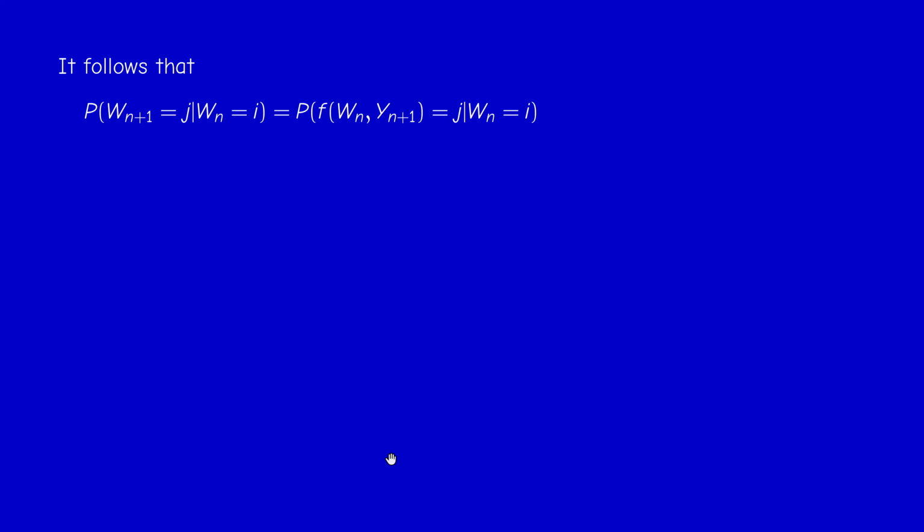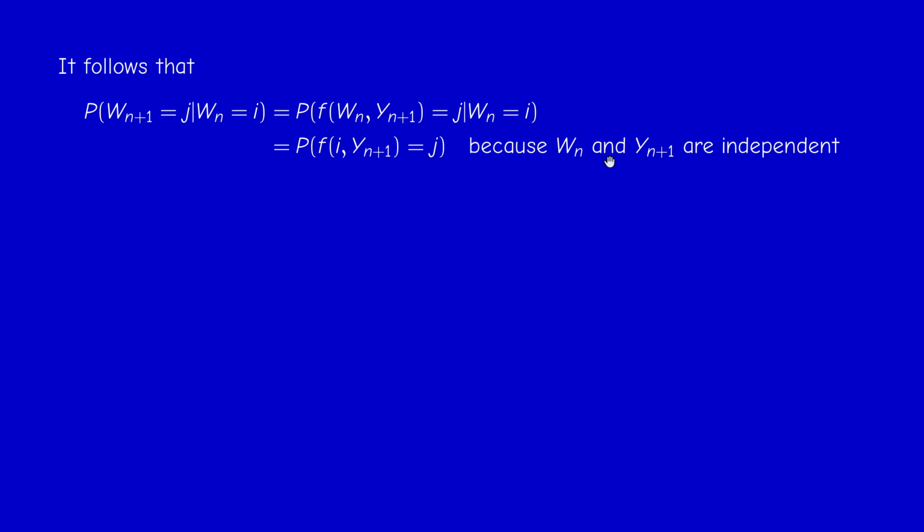So now the probability of W_{n+1} equals j, given that W_n equals i: I replace W_{n+1} by its value. And now in this conditional probability, I can replace W_n by its value because it's a conditional probability.